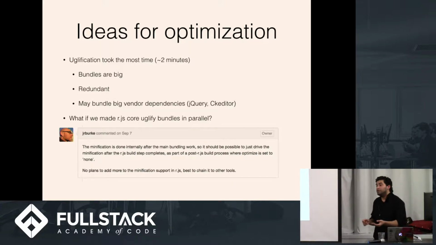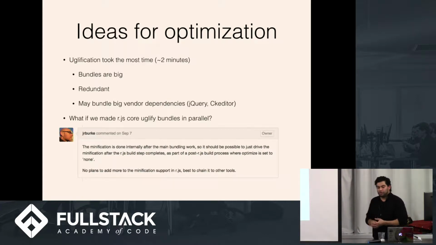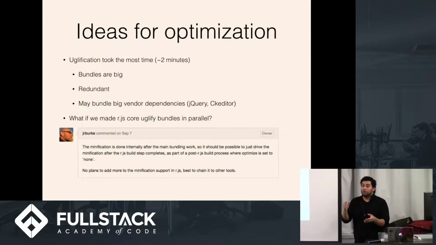So we thought about, what if we bring uglification optimizations, namely somehow parallelizing this process, into RJS core or Require.JS core? It introduces a bit of complexity that core didn't want. Core also allows you to say, oh, RJS, I don't want you to handle uglification.